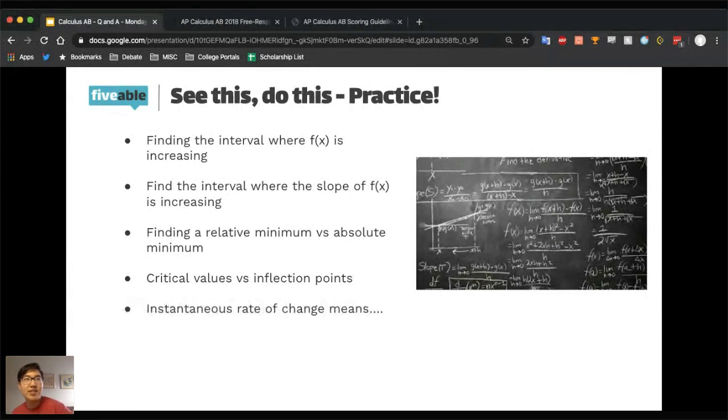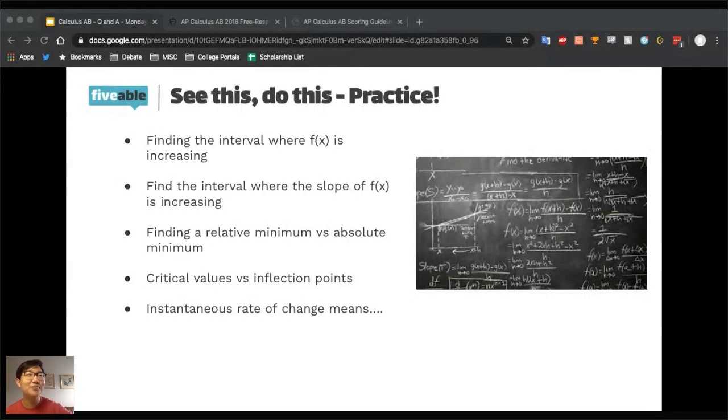And what does the instantaneous rate of change mean? Or what's another name of it? So yes, slope at a given point, which is also known in calculus terms as a what?